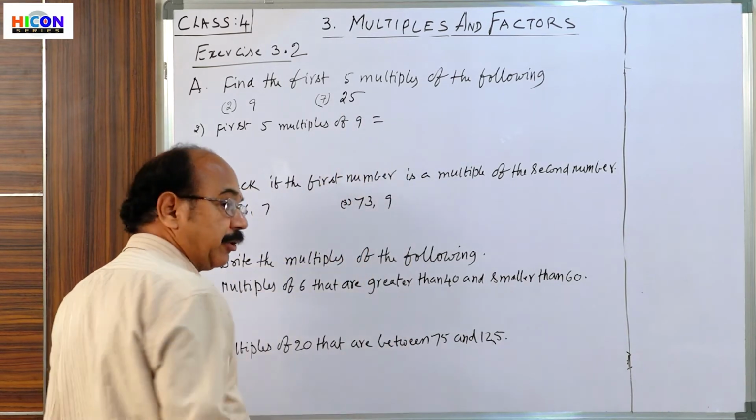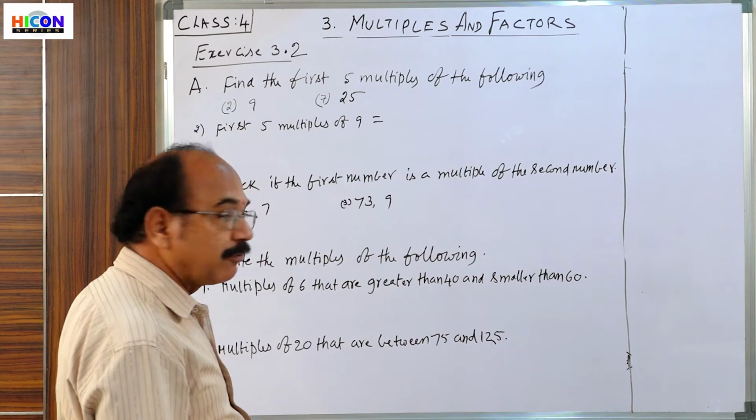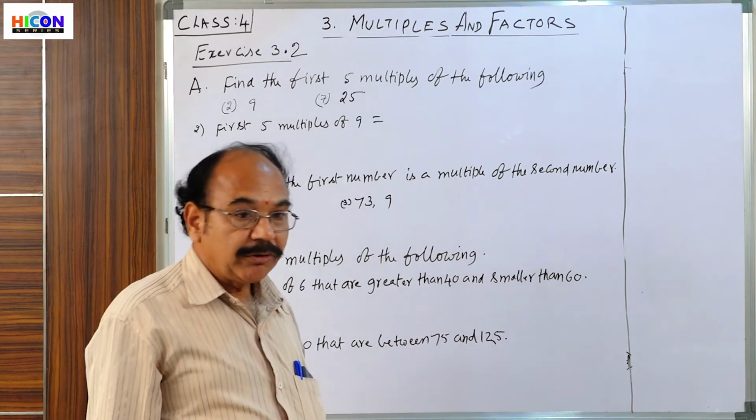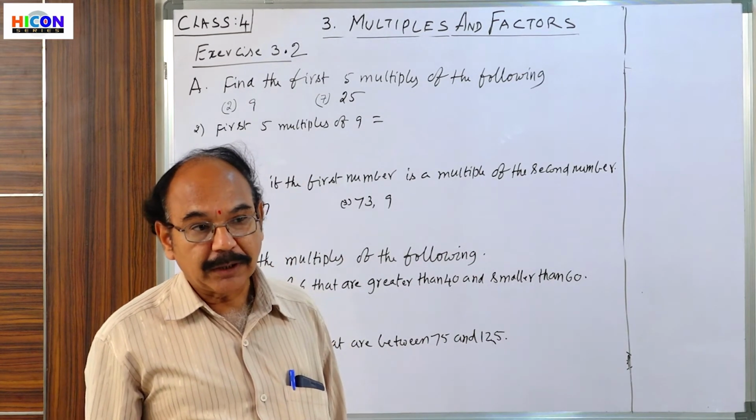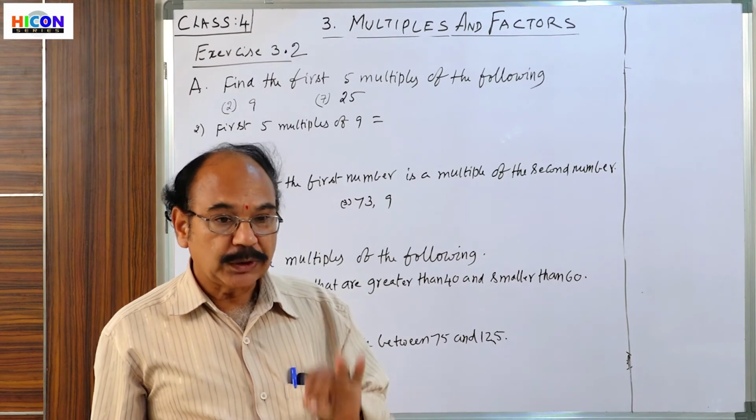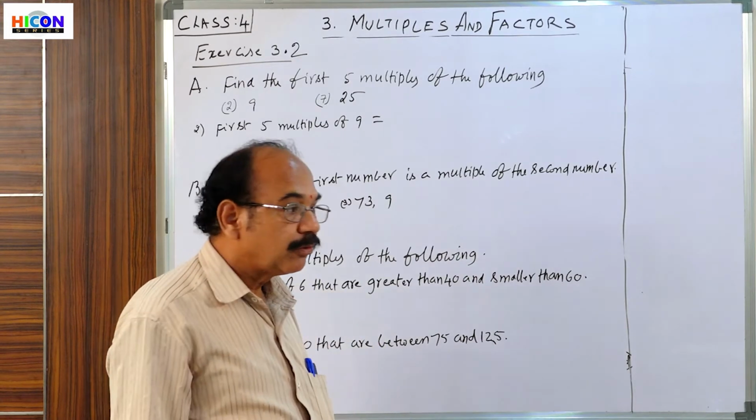How can you get the first 5 multiples of 9? If you want to get the multiples of a number, multiply with 1, 2, 3, 4 and so on.